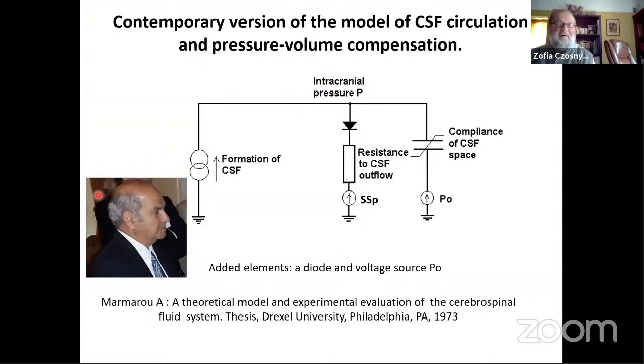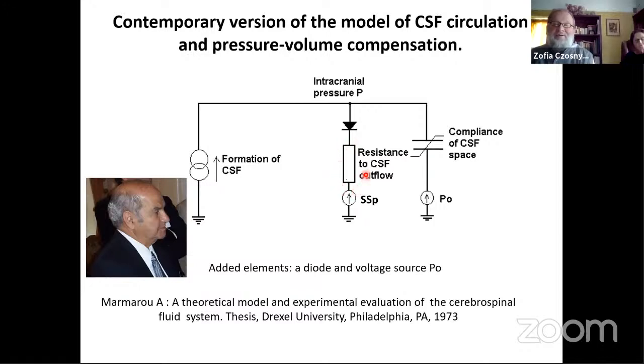This is a model of Tony Marmarou, who proposed this model in the early 1970s, and it's still actual. There is a formation rate of cerebrospinal fluid shown here as a current source. Fluid is flowing up to this point where it splits into a reabsorption branch and a storing branch.